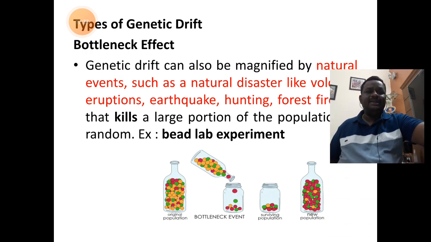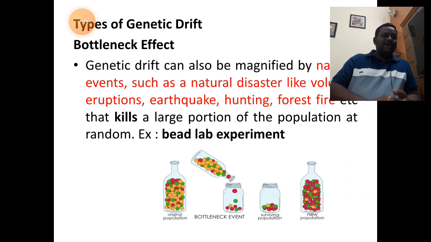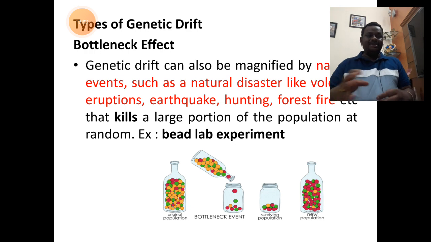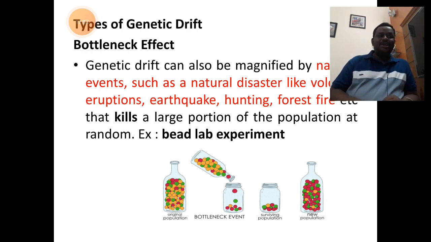Down in this slide, there is a picture representing the bottleneck effect of genetic drift, which is popularly known as the bead lab experiment. The left side, first bottle, indicates the original population.